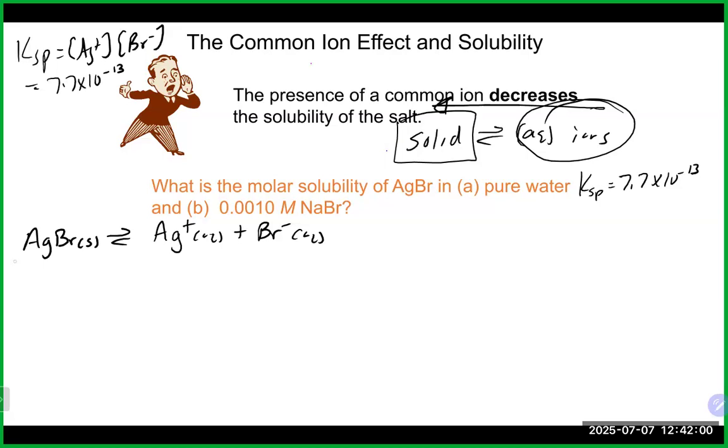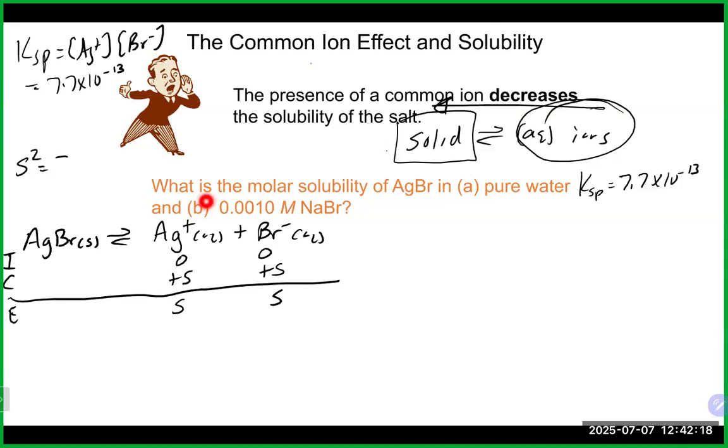Doing our ice table here, we're going to go 0, 0, change, going to be plus S, at equilibrium, S and S. We're going to put that into our expression. That's going to give us S squared is equal to 7.7 times 10 to the minus 13. Once again, we're going to square root both sides here.